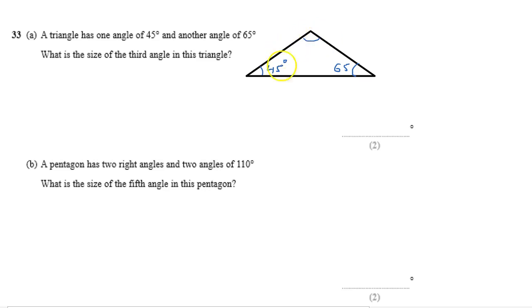So we know that the sum of all 3 angles of a triangle is 180 degrees. So this is 45, 65.